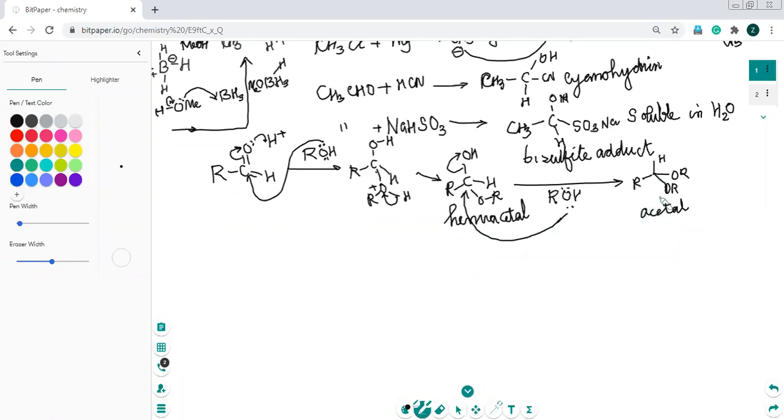Okay, this is acetal, and that is an addition product of aldehydes and ketones. There is a lot of advantage for this particular reaction.